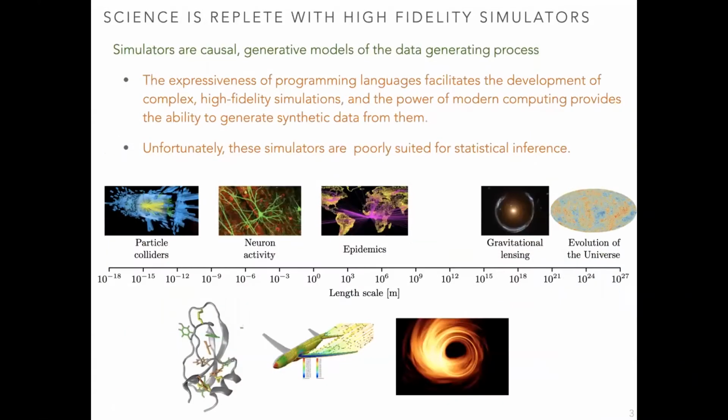So I'm going to start with a relatively straightforward claim, which is that science is replete with high fidelity simulators. We have simulators that describe particle physics interactions at the subnuclear scales. We have simulators for neuronal activity, epidemics, gravitational lensing, the evolution of the universe, imaging of black holes, molecular dynamics, you name it.